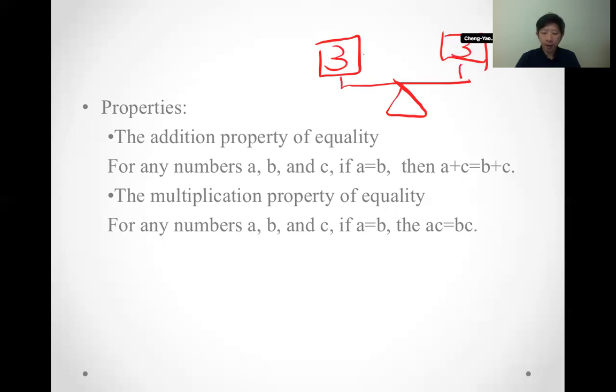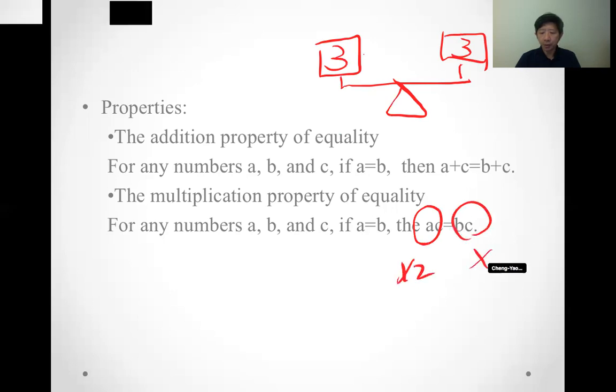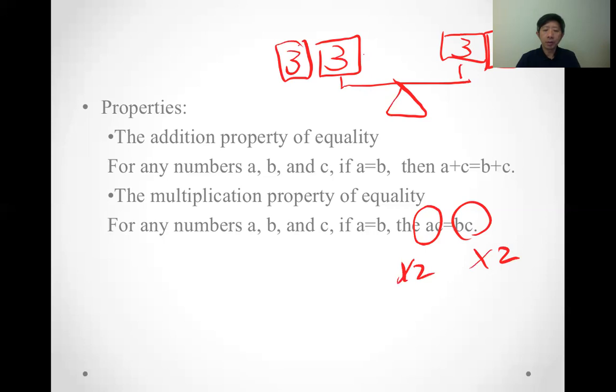Now if I multiply by 2 on this side and multiply by 2 on the other side, what does it mean? It means we have 3 and 3 and still keep it balanced. 3 times 2 is 6, and 3 times 2 is 6. So we still have balance. If you multiply something on the left-hand side, you have to multiply the same thing on the right-hand side in order to keep balance, okay?